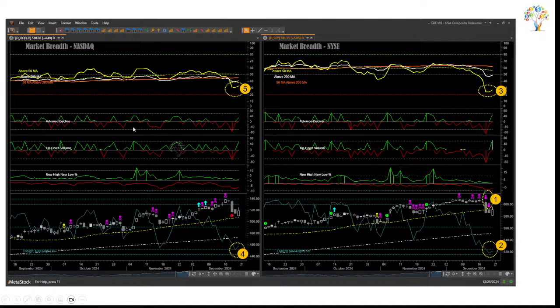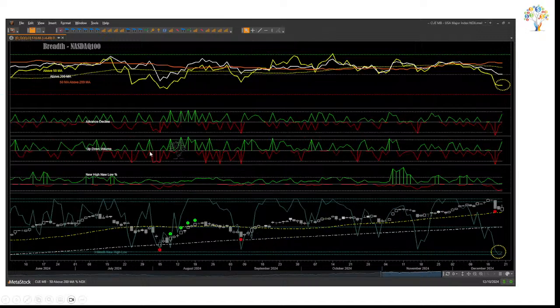And I will quickly go through the major index breadth now. Nasdaq breadth, Nasdaq 100 that is, 3-month new high low oversold, percentage above 50 MA not oversold. No buy or short signal here.